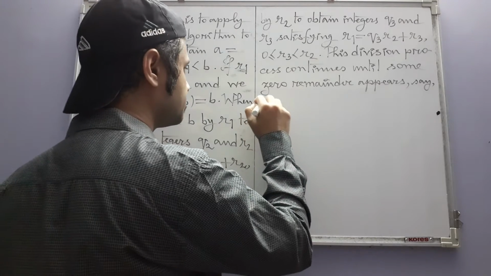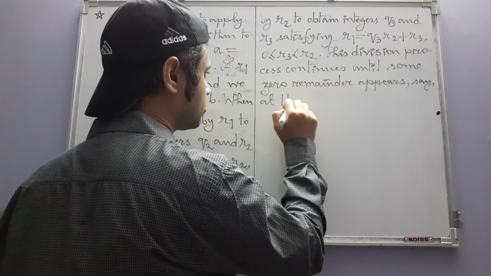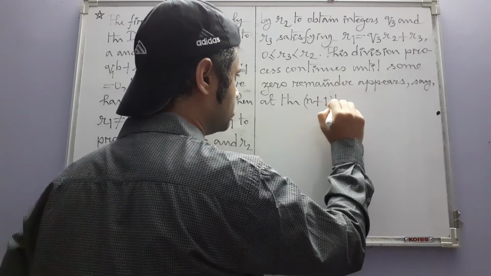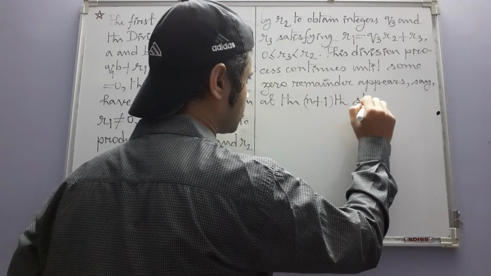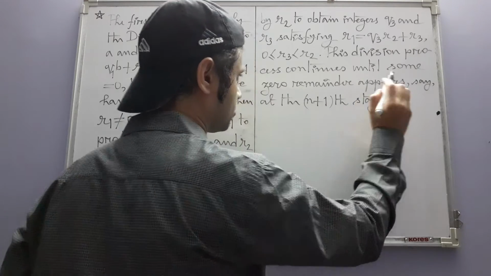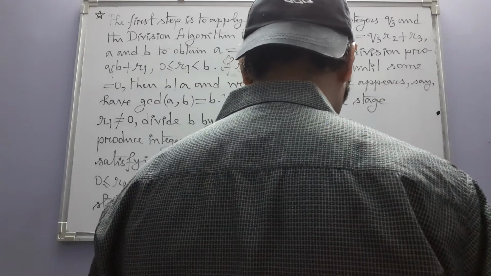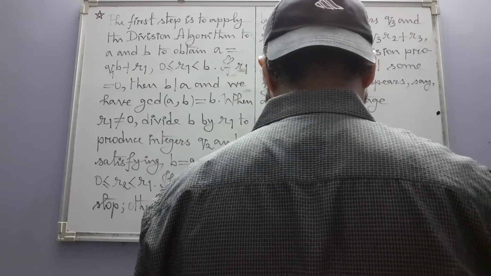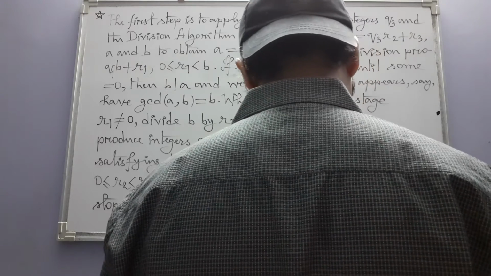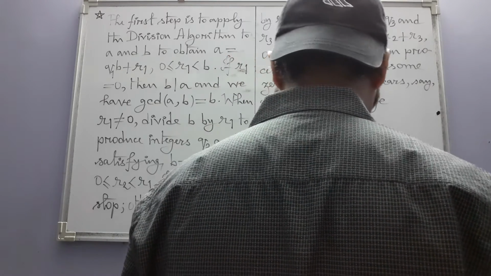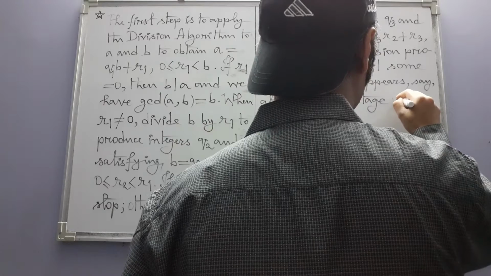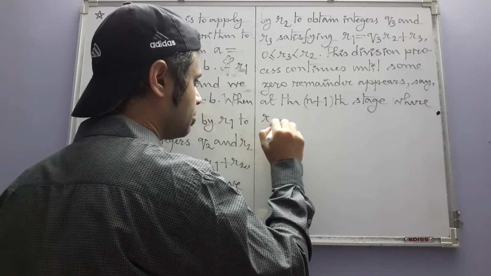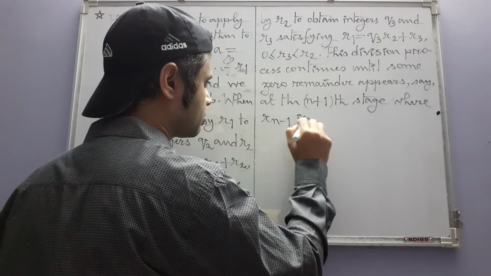Say at the n+1 stage, where Rn-1 is divided by Rn.